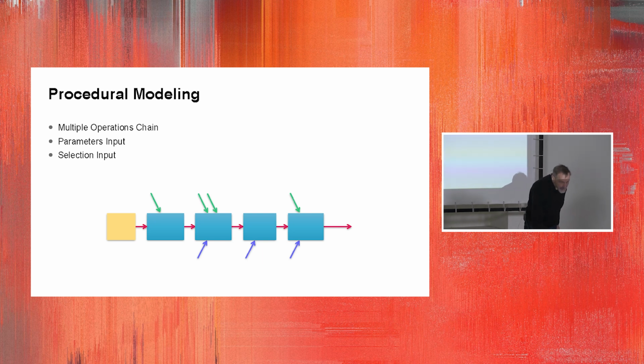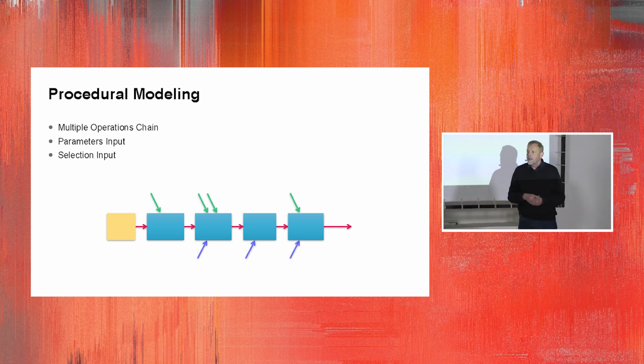But what's missing here are parameters. So for all these steps here, I need to input some parameters. And sometimes these parameters are fixed, like I have an extrusion depth, and sometimes I want them to be variable. I want to do different extrusion depths in different places. And another thing that gets forgotten is the selection.